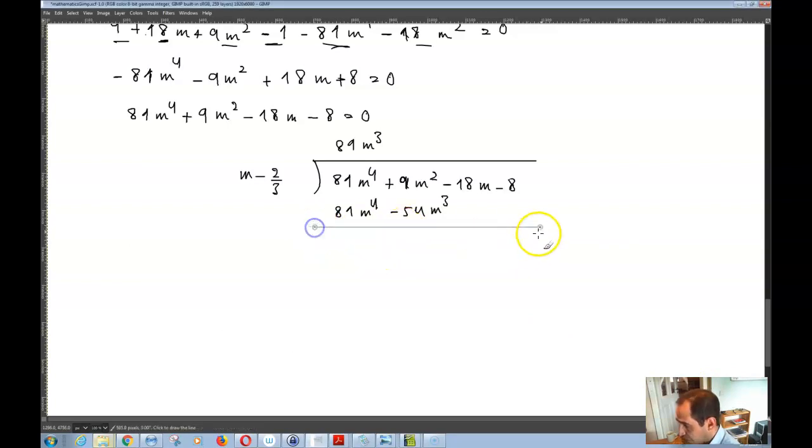So if you then subtract this from these two terms up here, you'll get a 0 up here.